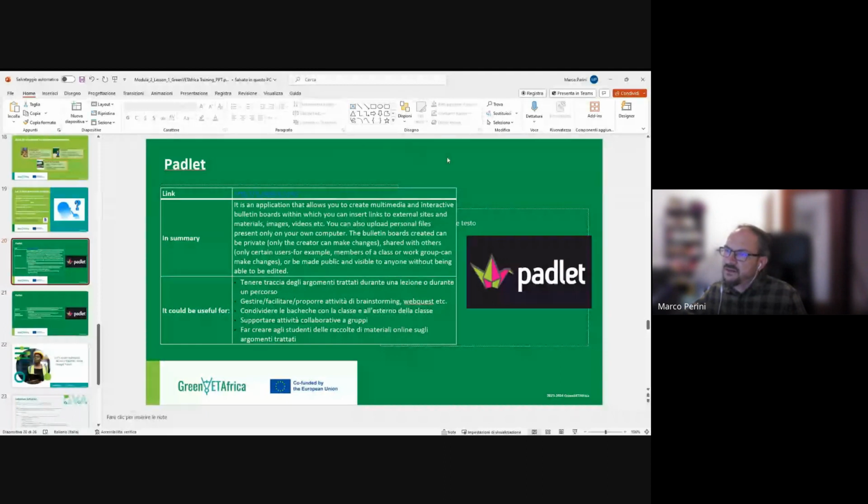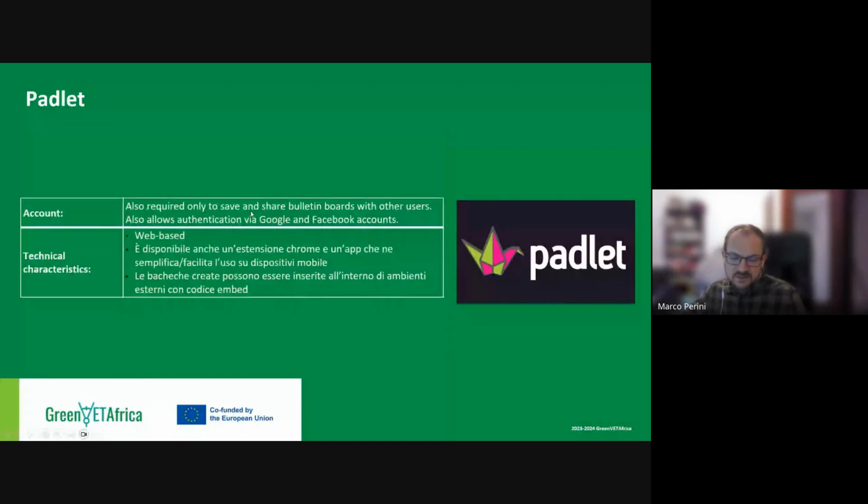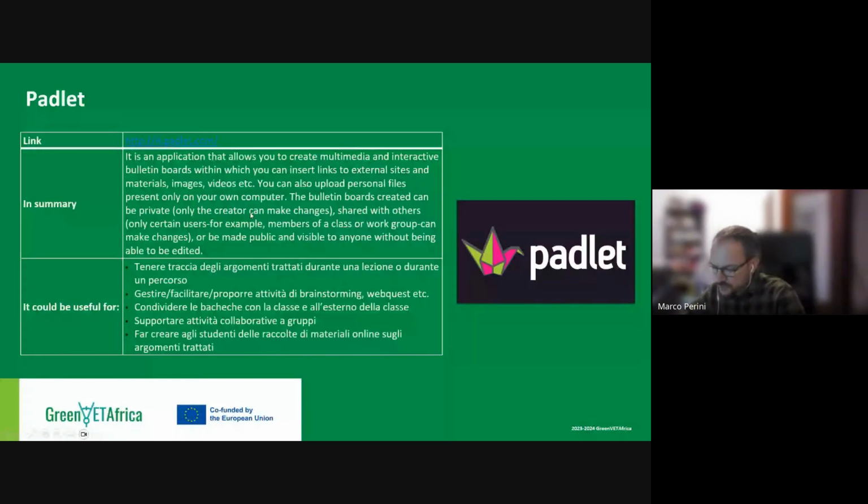In this table, you can see in summary which are the main characteristics of this tool. You can find the link in order to use it. You can find a brief summary of its functions.